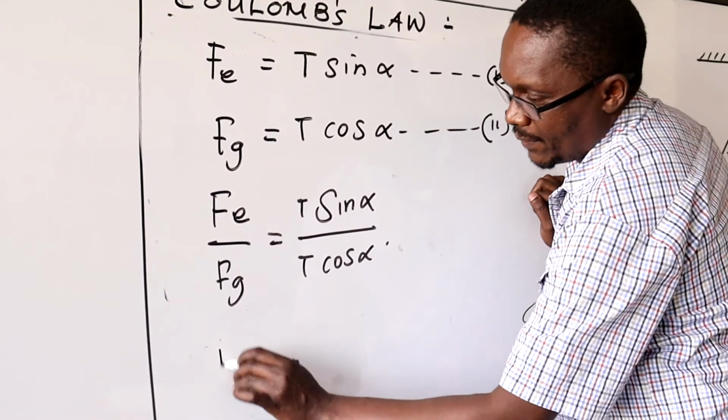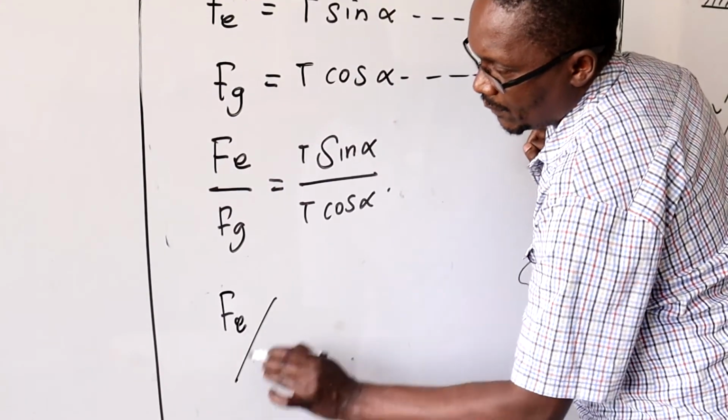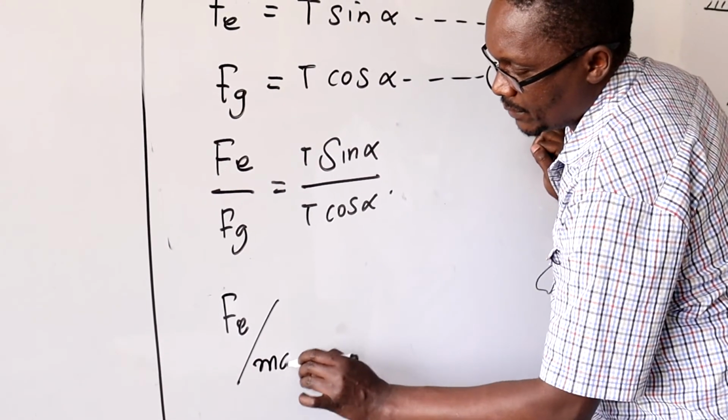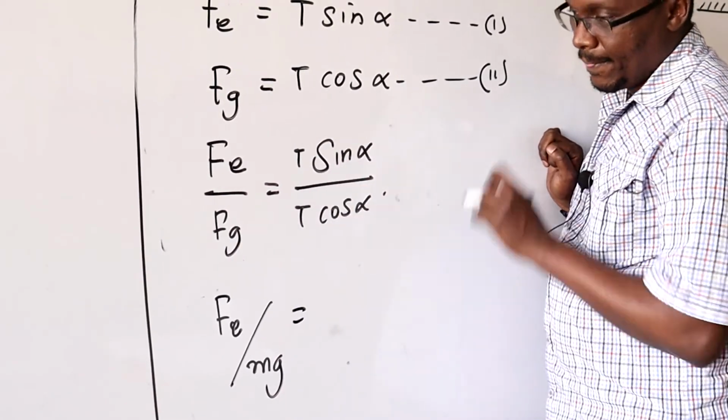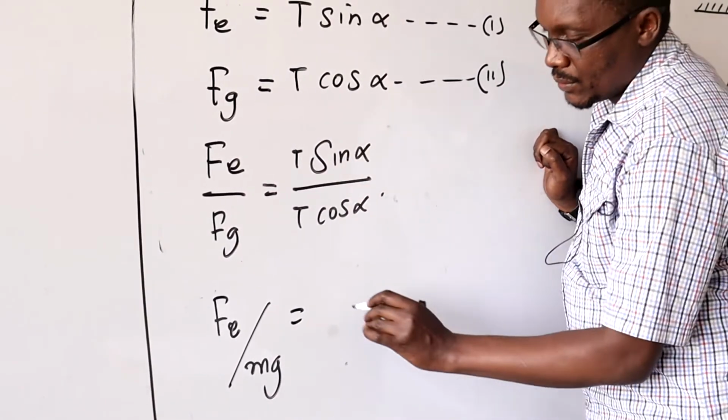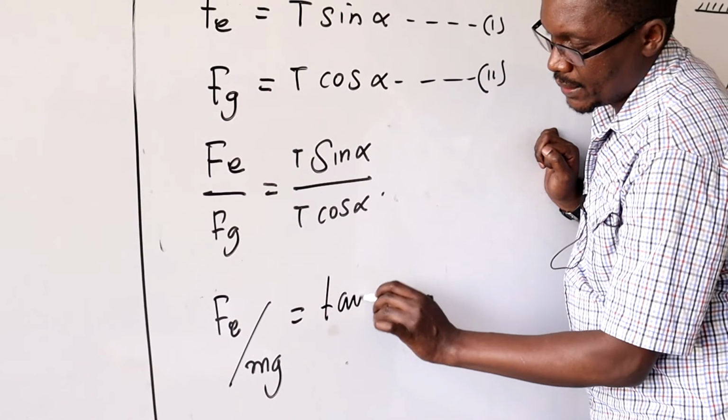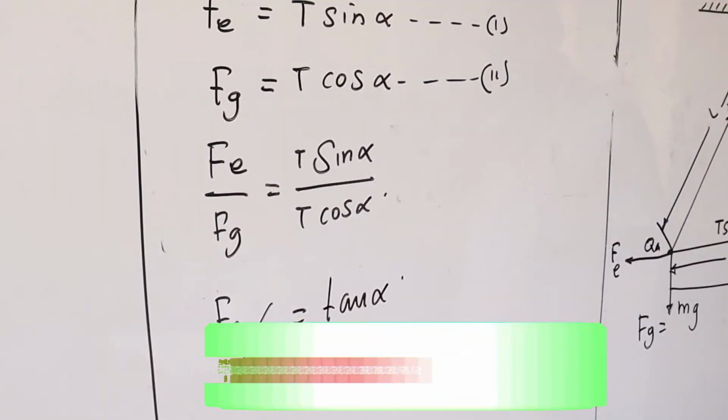So I'll have Fe all over Fg, and Fg is mg, and that translates into T, and T can cancel. And we have sine over cos, and sine over cos is normally the same as tan of what? Alpha.